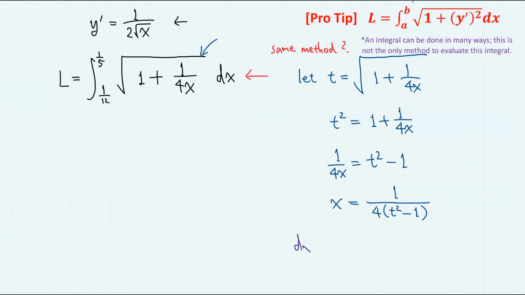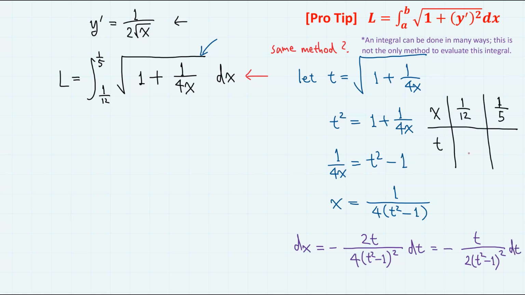Here we also need dx, which is given as 4 times t squared minus 1, now squared. And since the original power was negative 1, we also need a minus sign here. And by the chain rule, we have 2t here. So we have minus t divided by 2t squared minus 1 squared dt.